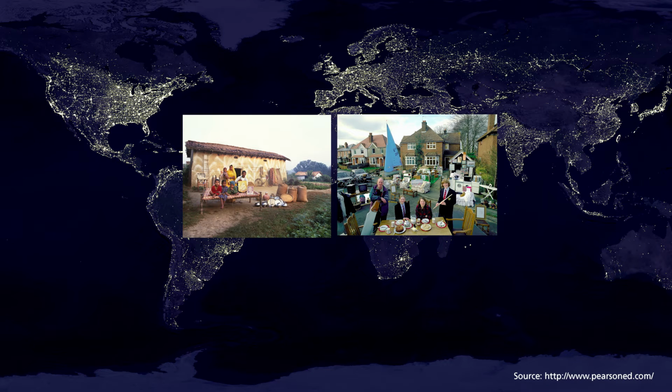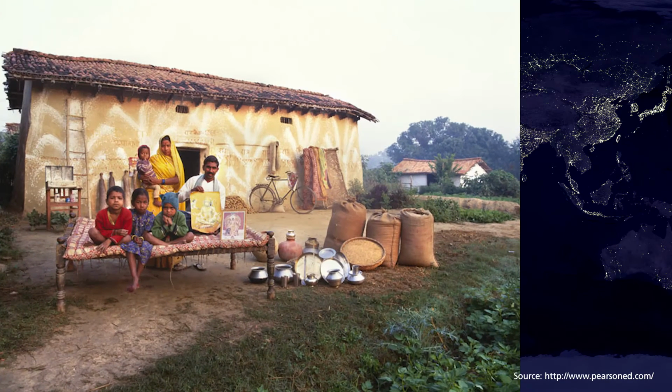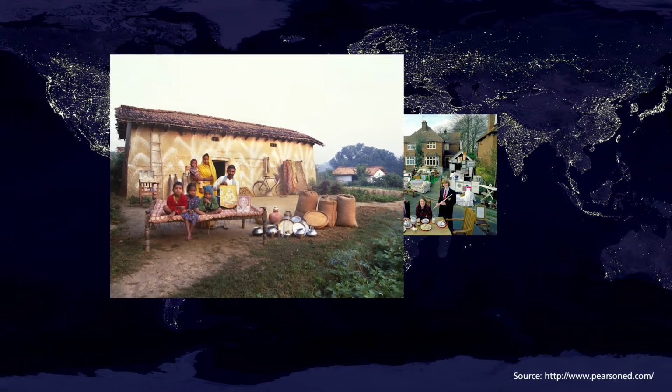The global resource consumption varies throughout the globe. So on the left-hand side, you have a family in rural India with all of their possessions outside of their house, and their house is not too huge.